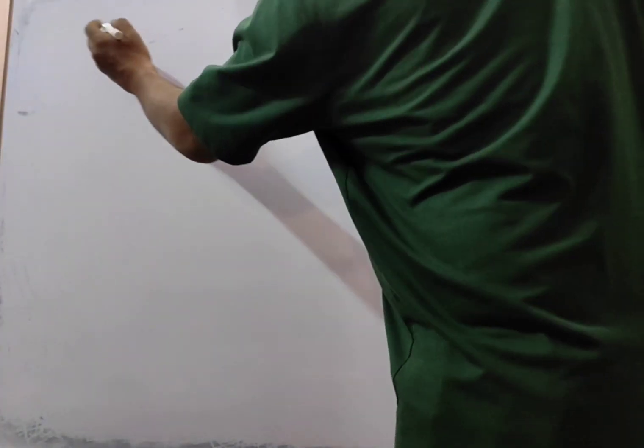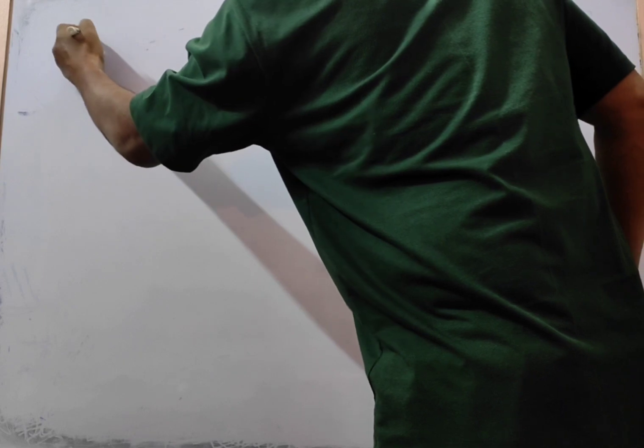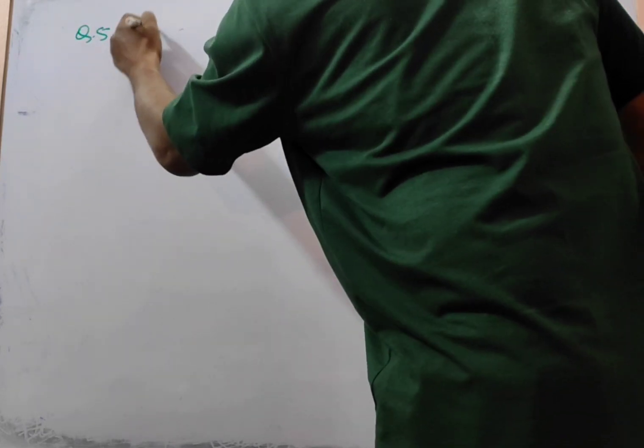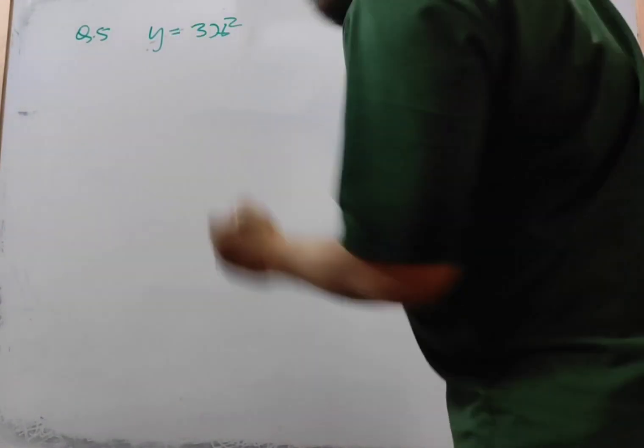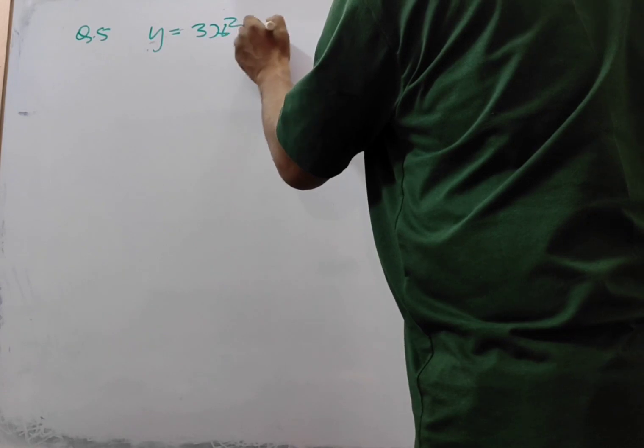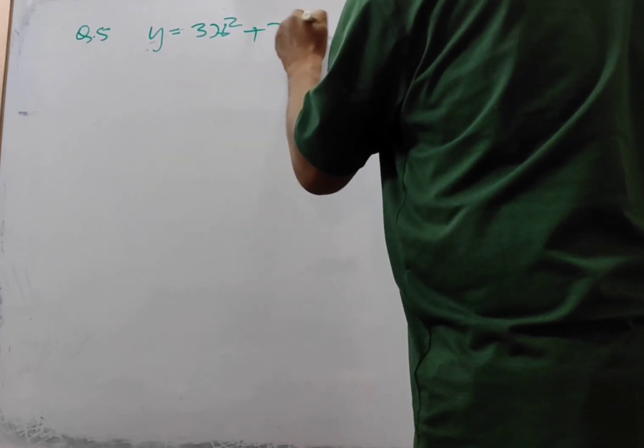Yeah. You know, question number 5 now of the day. y is equal to 3x squared plus 7x plus 1. Fine.